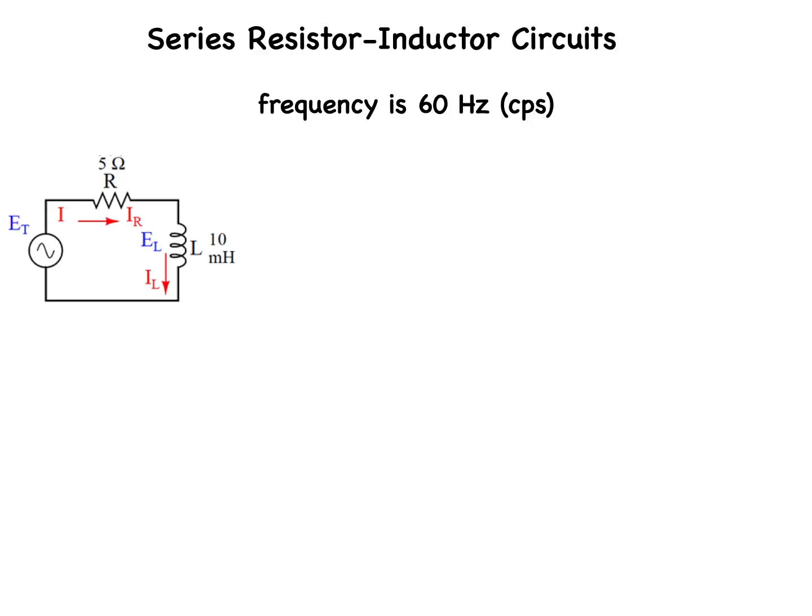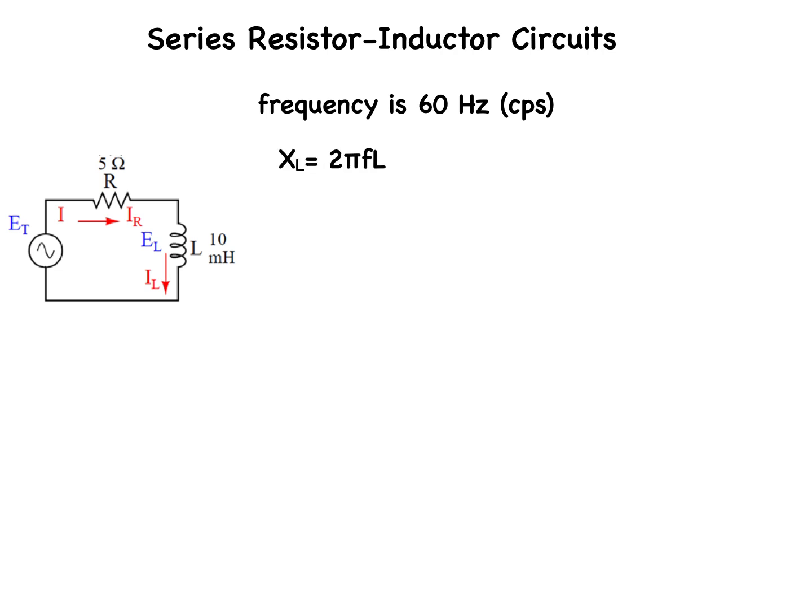Now let's cement some of this theory by looking at an example. Let's put some real numbers in this circuit and see how it works. We're still dealing in North American frequencies, so we're still looking at a 60 hertz system. We have the resistor equaling 5 ohms, and the inductor equal to 10 millihenries.